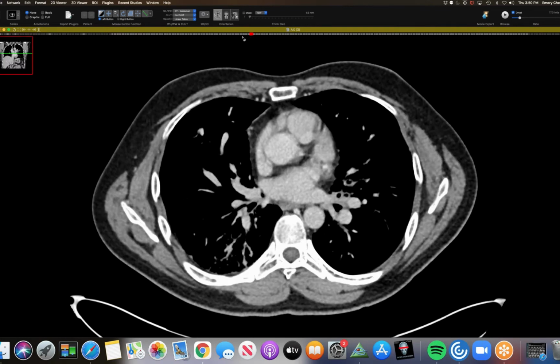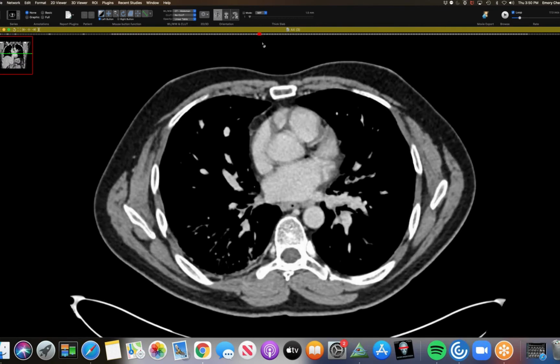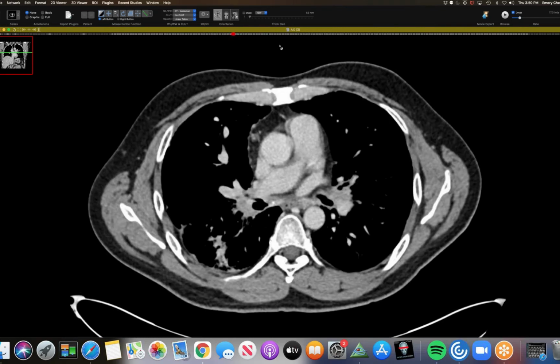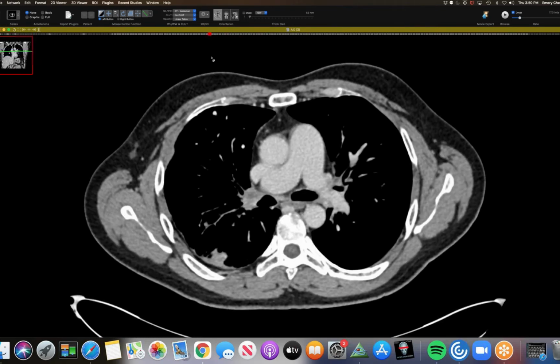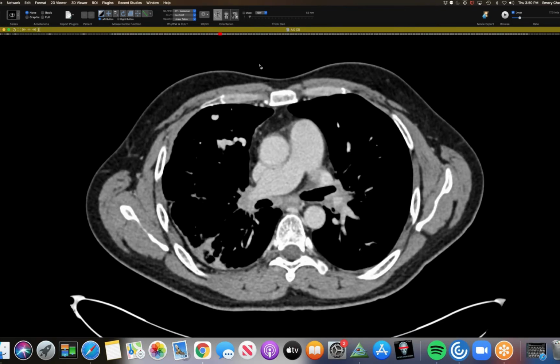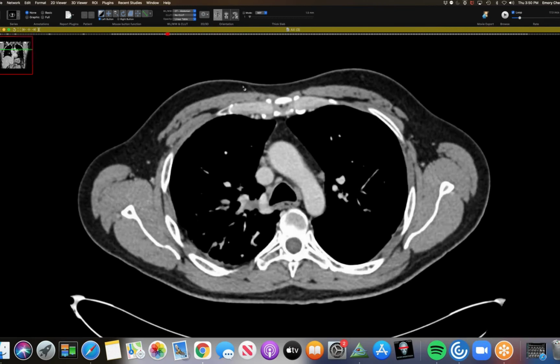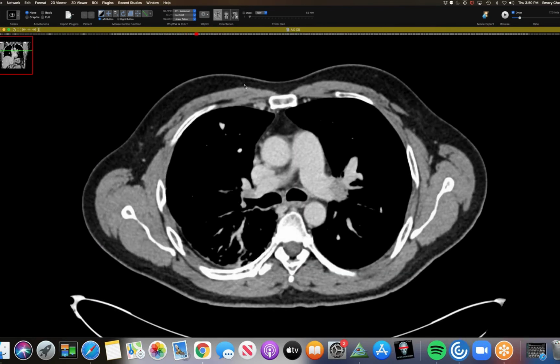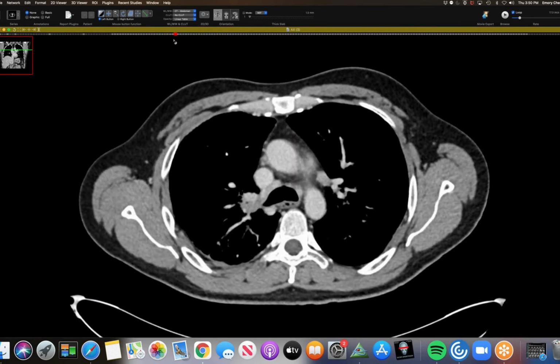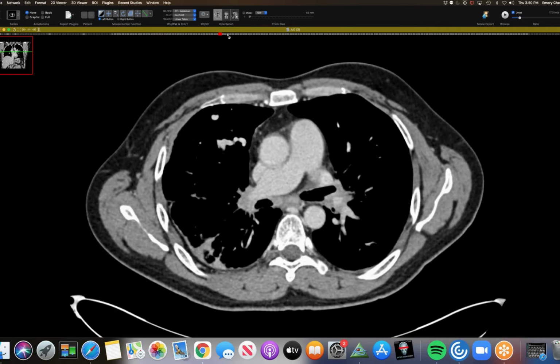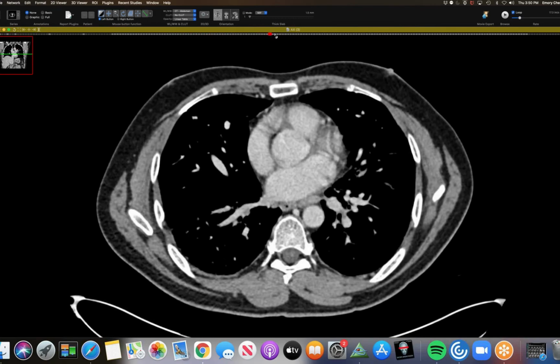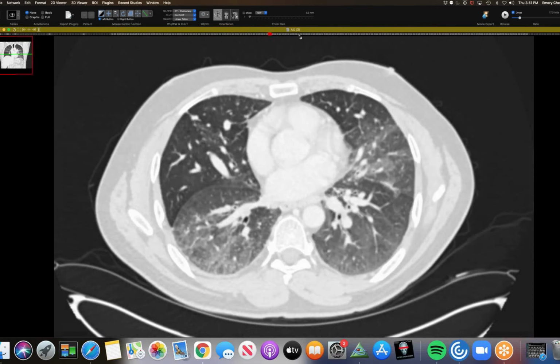He's been on asthma treatments, albuterol, and it hasn't really been helping him. The mineral he has been mining is high in silica content, so this is presumed silicosis. I don't see too much silicosis here, so we'll see what you guys think.